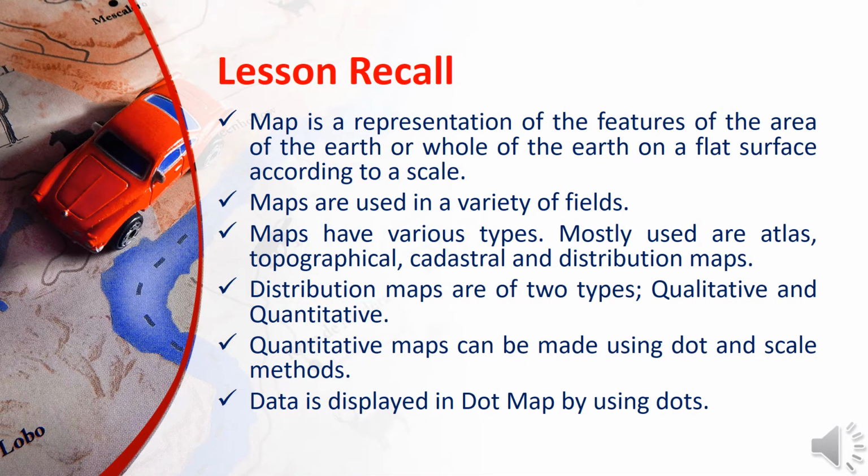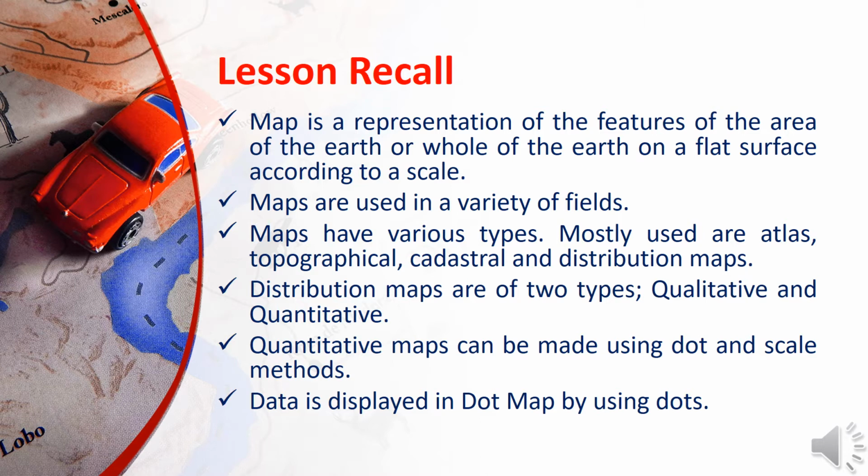We will recall our lesson. A map is a representation of the features of an area of the earth or the whole of the earth on a flat surface according to a scale. Maps are used in a variety of fields. Maps have various types.